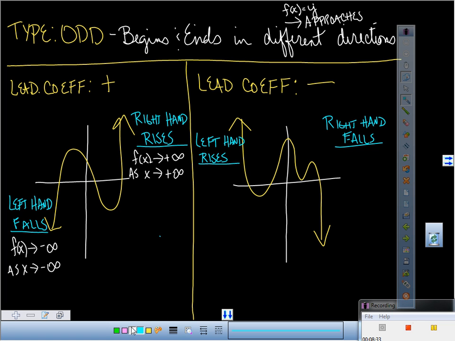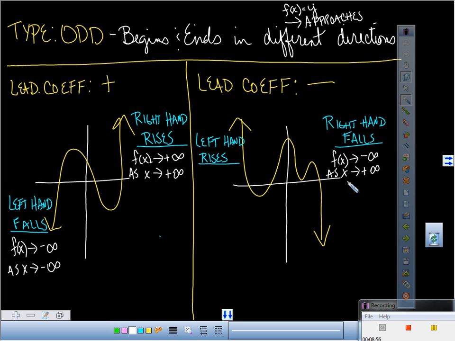Now, let's do it the hard way, okay? So, over here on the right-hand side, f of x approaches, that's y, guys. What's y approaching? Negative infinity. As x approaches, you're on the right, yep, so it has to be positive infinity.